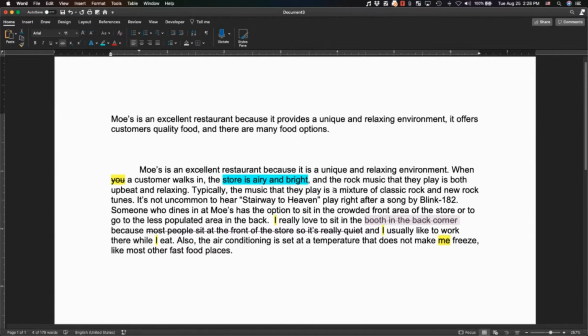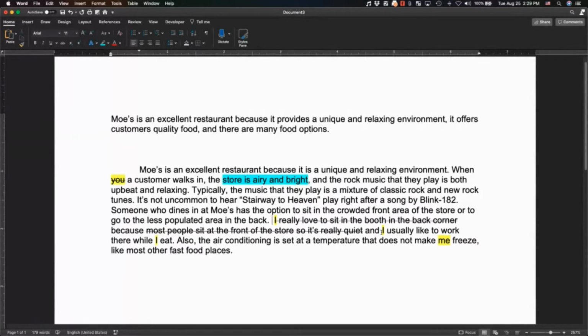Let's make sure that we're crossing things off as we go. The only thing that we really didn't discuss, because this notion of I really love is implied because I'm writing this essay, so we can take that out. The only thing that we haven't said is that people work while they eat.